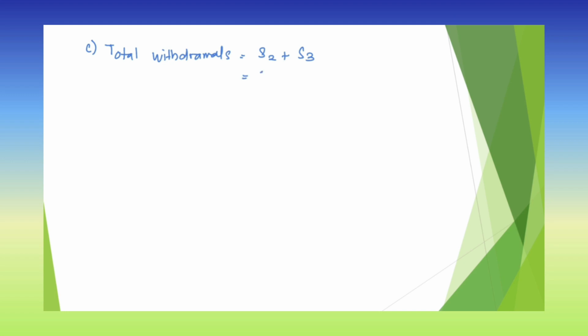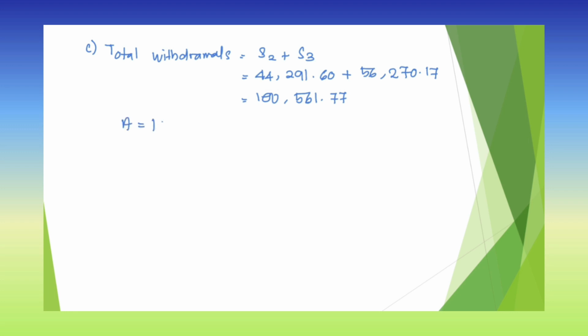S2 is 44,291.60, S3 is 56,270.17. So the total is 100,561.77.